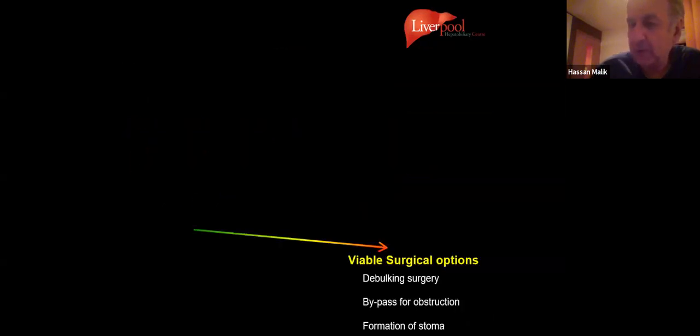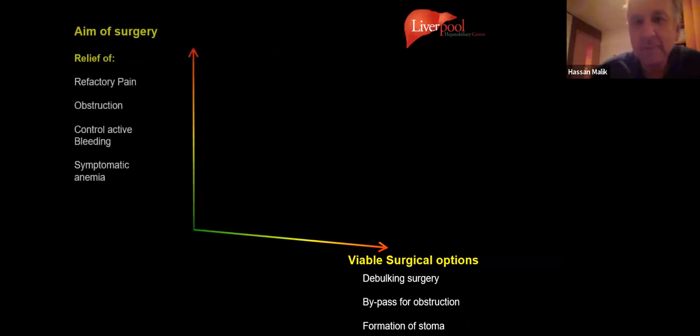So first of all, we have to look at the viable surgical options. They may be debulking, they may be bypass, they may be formation of a stoma. Most of what I'm discussing is around GI cancer or GI tract. It's not about urology and other aspects of palliative surgery. What are the aims? To deal with pain, obstruction, active bleeding, symptomatic anemia possibly.